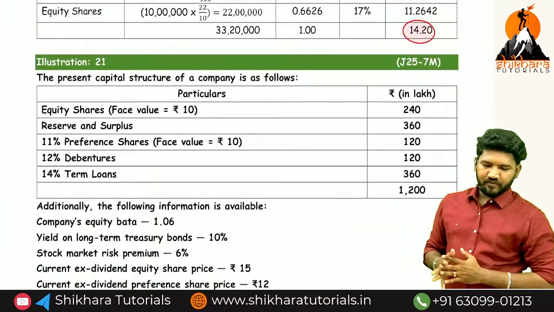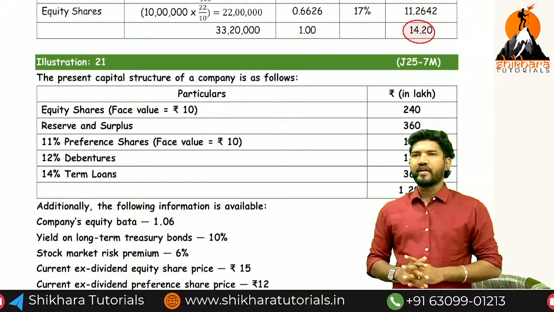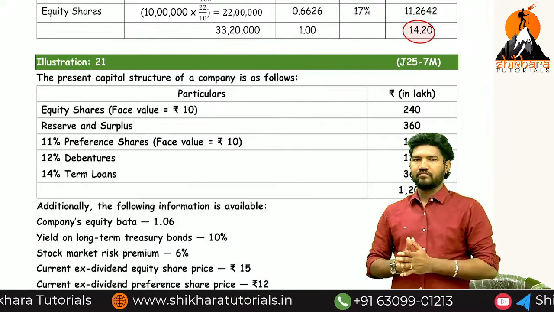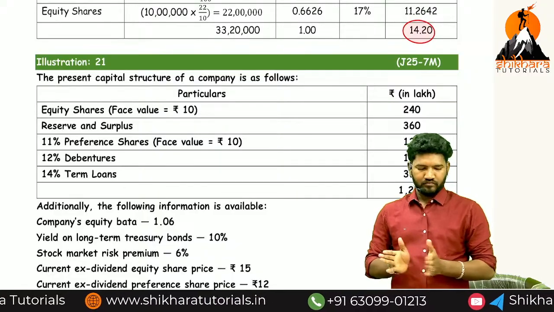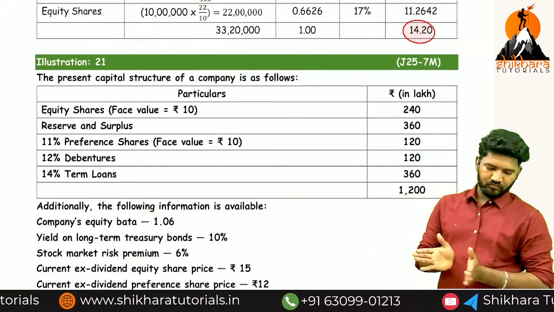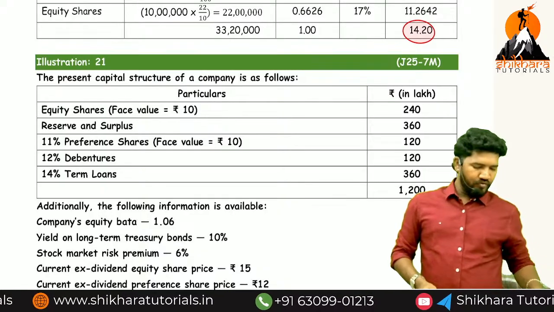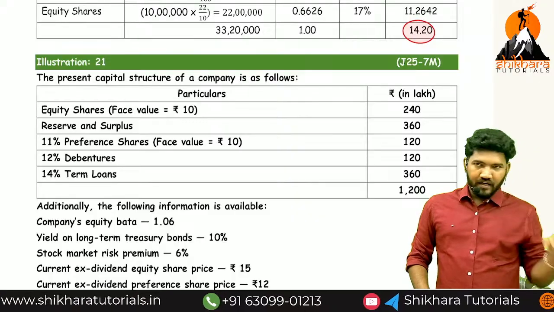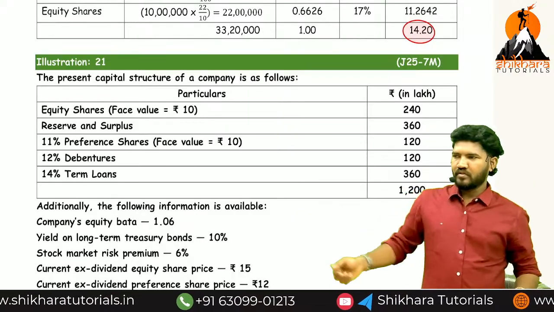Illustration number 21, June 25 attempt question. Wait a minute. Before solving June 25, we want to solve December 25, the recent attempt.